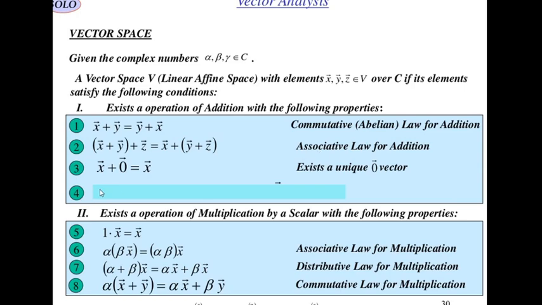The vector x added to the null vector remains unchanged, unaltered. So that is the importance of a zero vector.